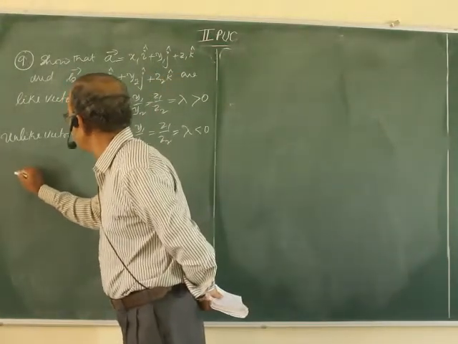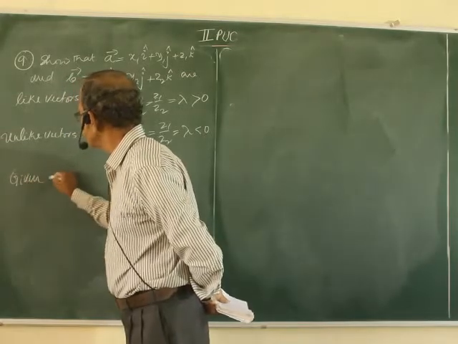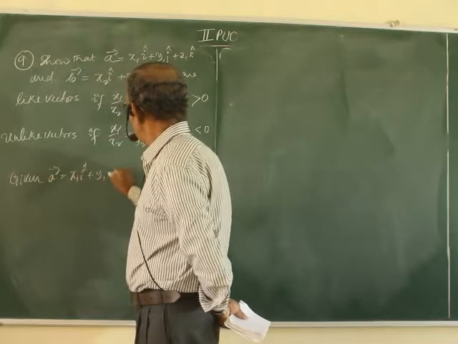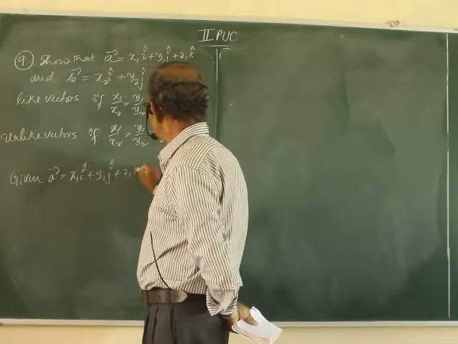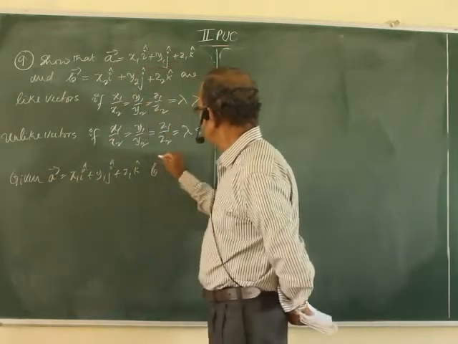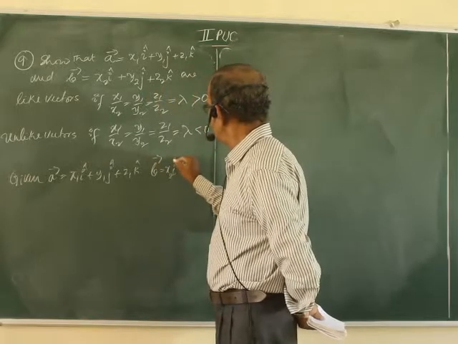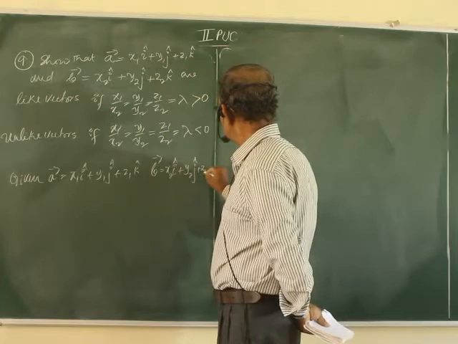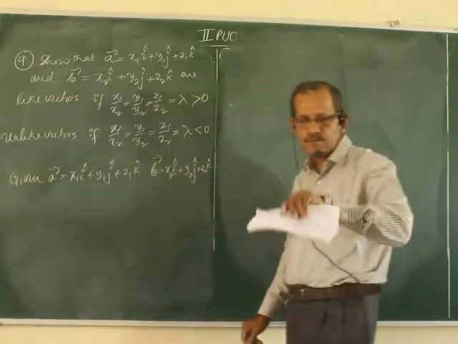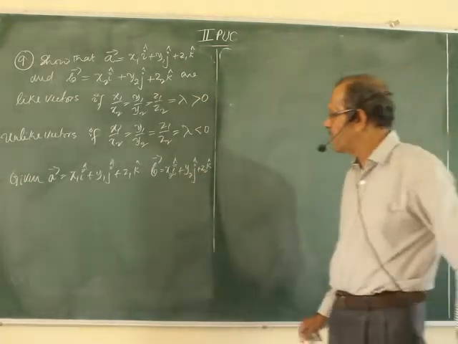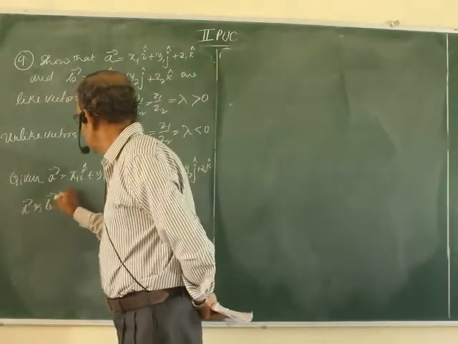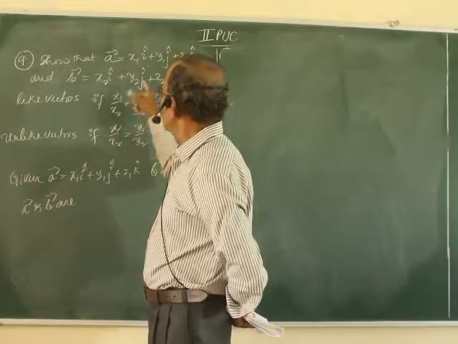Yes, let us take this. Given A equal to x1i, y1j, z1k, B equal to x2i, y2j, z2k. A and B are like vectors.